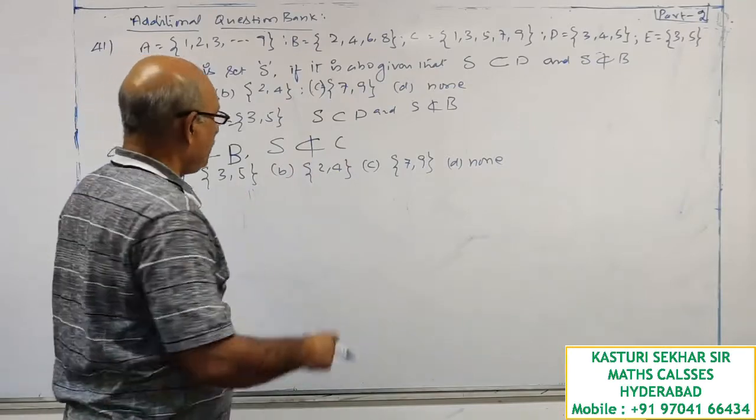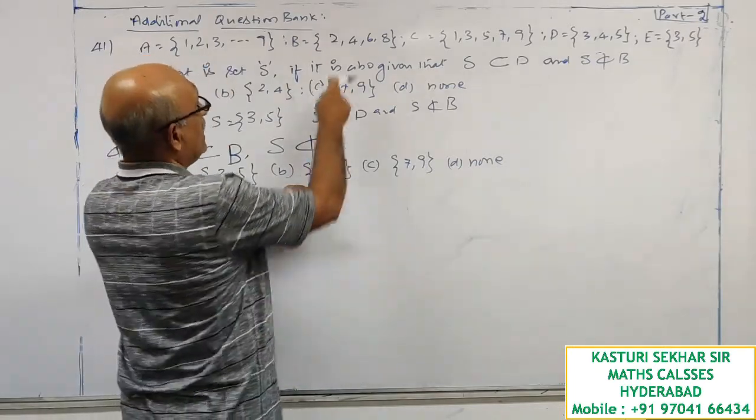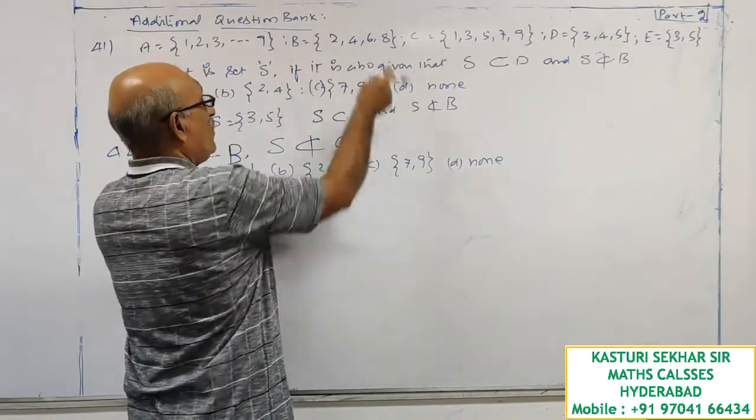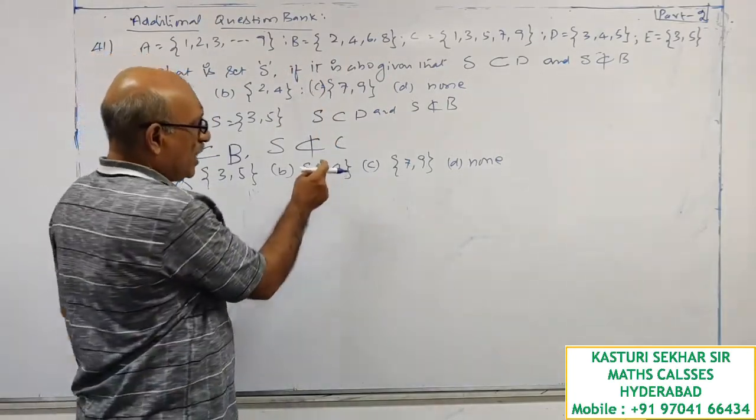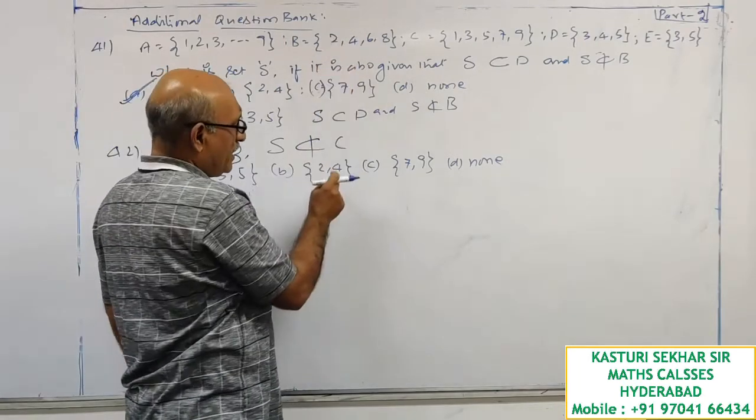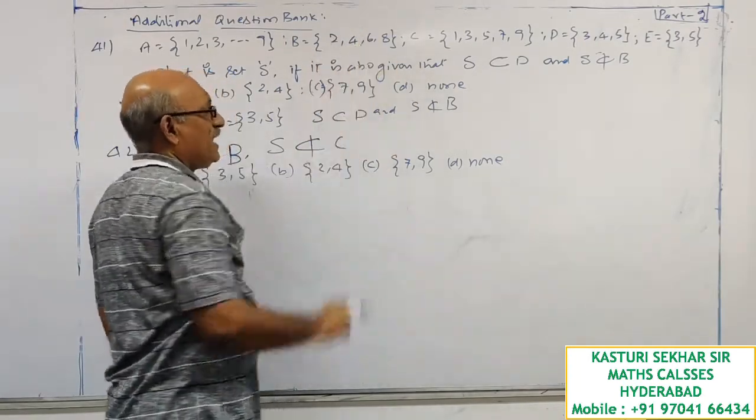Let us go to option B. 2 is an element of set B. 4 is also an element of set B.